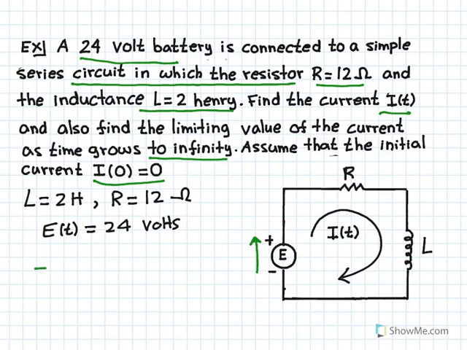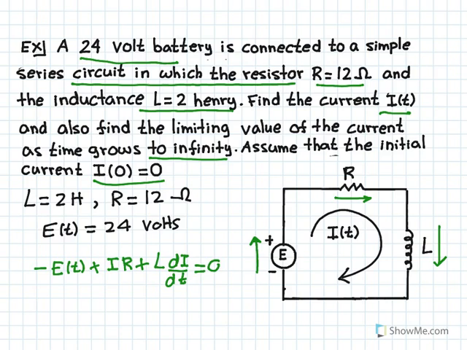So we have minus E of t plus, now the voltage drop across the resistor is IR, and notice we lose voltage, but we take it as positive. Plus, the voltage drop across the inductor is L di dt, and according to Kirchhoff's voltage law, the sum of the voltage drops going around the circuit is equal to 0.